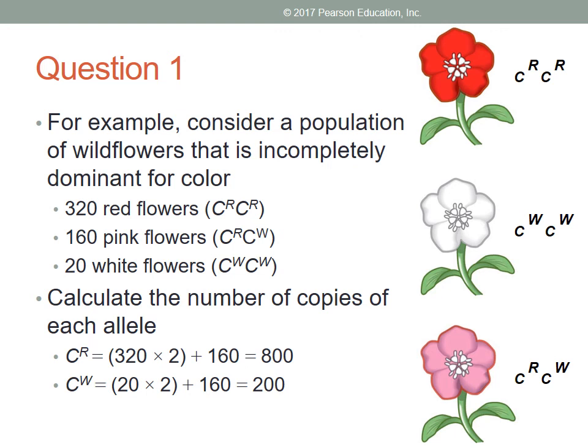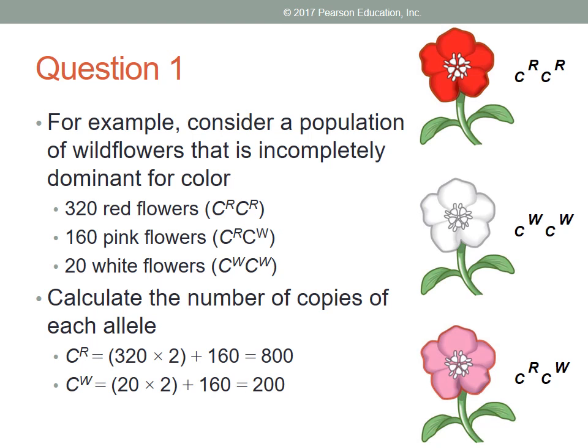So this is back to those four o'clock flowers. And in this one, you are considering a population of wildflowers where it's incompletely dominant. So a red and a white are dominant, but the pink is an incomplete dominant situation. You find one that has 320 red flowers, 160 pink, and 20 white. You're then asked to calculate the number of copies of each allele.